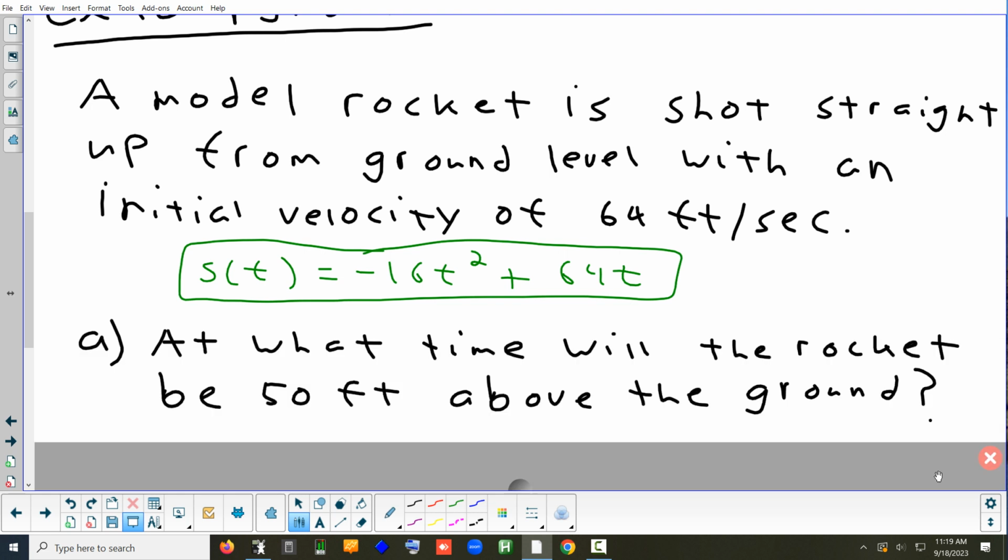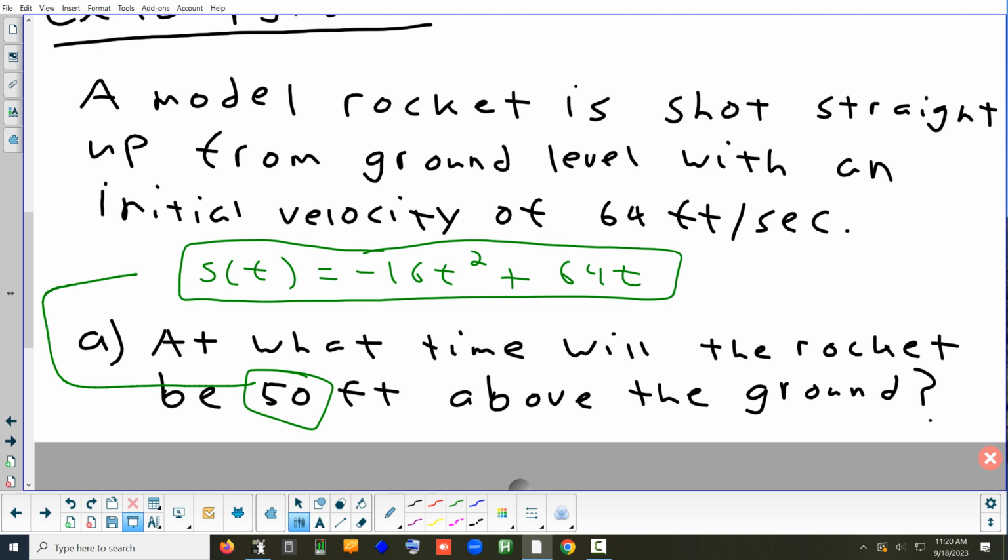All right, now they want to know when will the rocket be 50 feet above the ground. So we have to figure out where that 50 would get plugged in. Anyone think they know? The s of t.